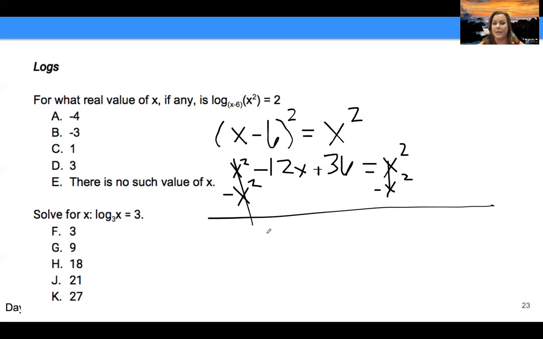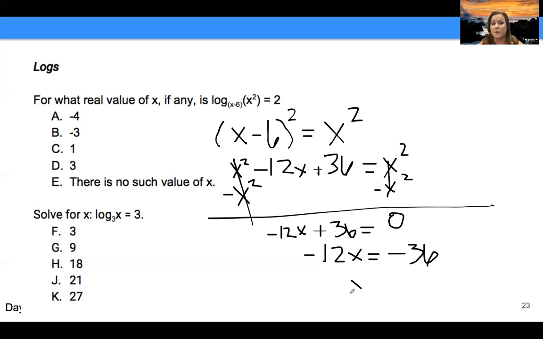And now I get negative 12x plus 36 equals 0, because x squared minus x squared is 0. Now I'm going to move the 36 to the other side, and I get 12x equals negative 36. You can see how this is working out nicely. So x is going to be equal to 3.